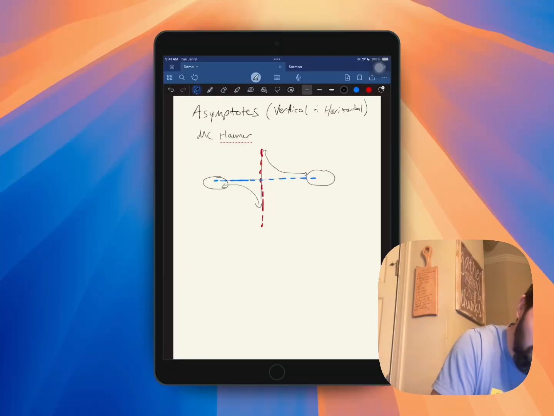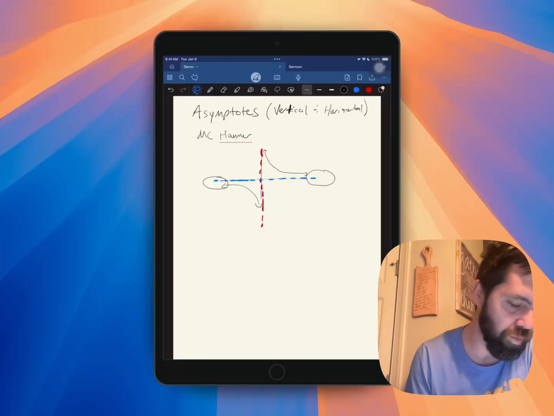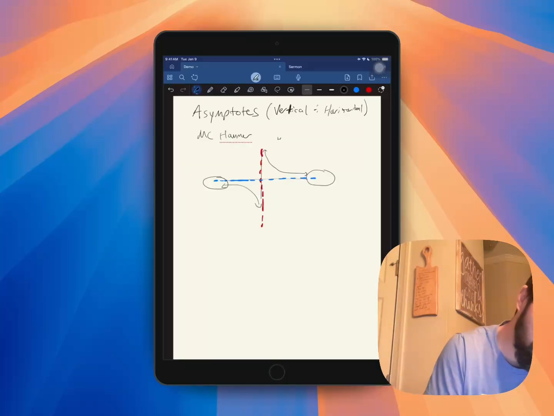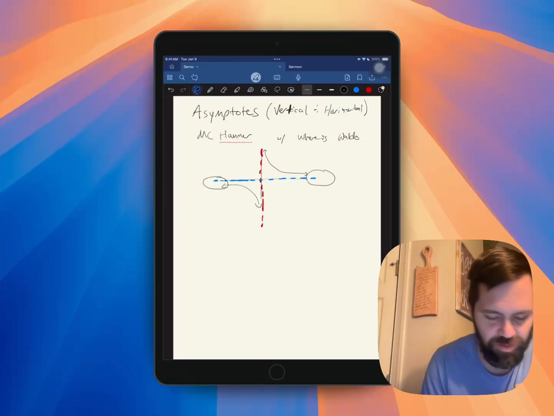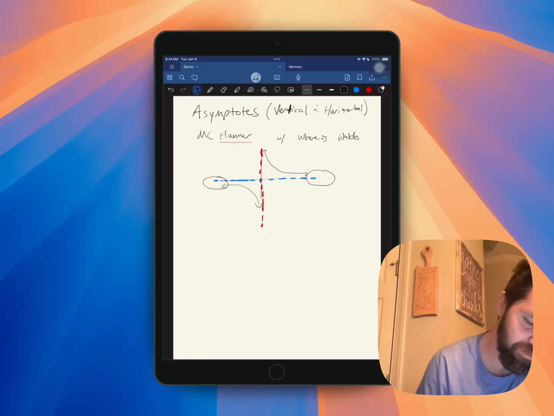But what I would like for y'all to think about is that we're going to pair MC Hammer with Where's Waldo? So you want to find out where these asymptotes are. And I'll show you an example.